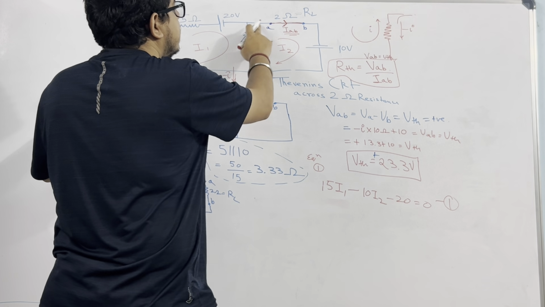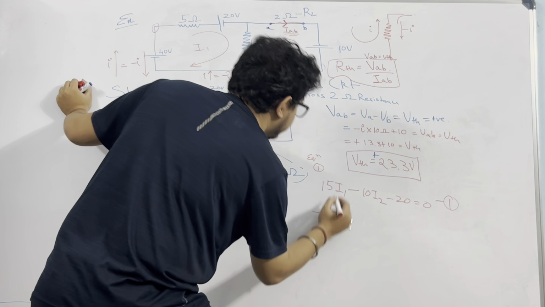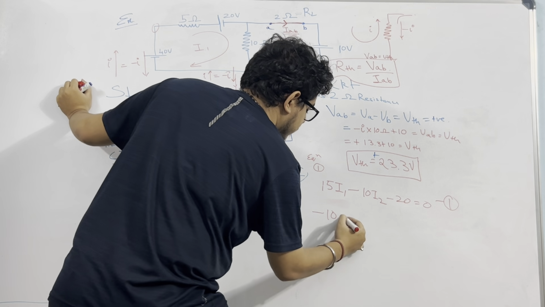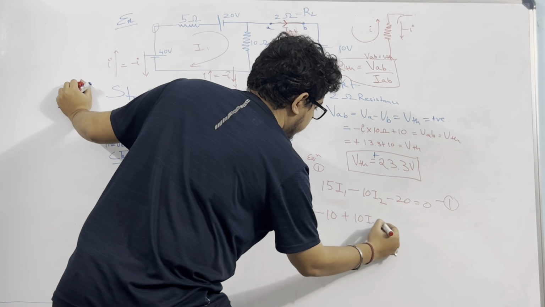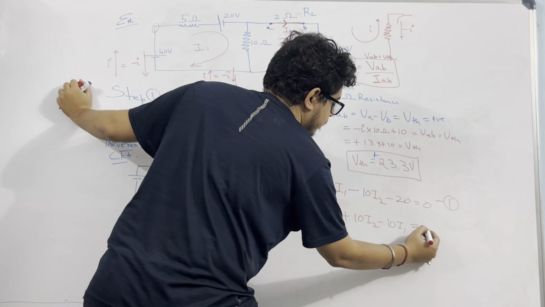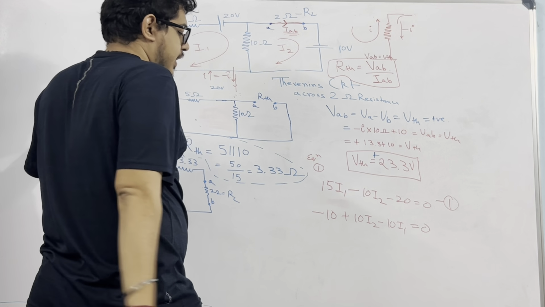And the second equation, minus 10I1 plus 10I2 equal to 0. I removed the load and made a short circuit, and I just calculated the current IAB.